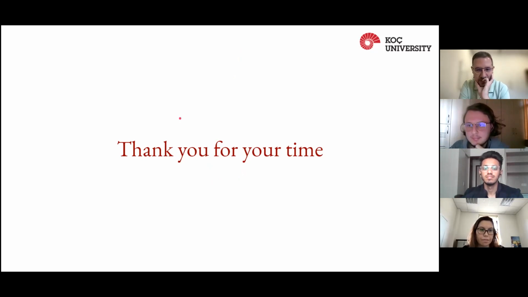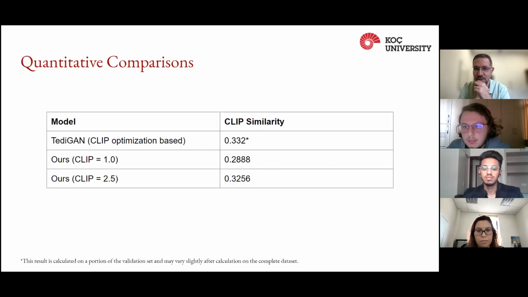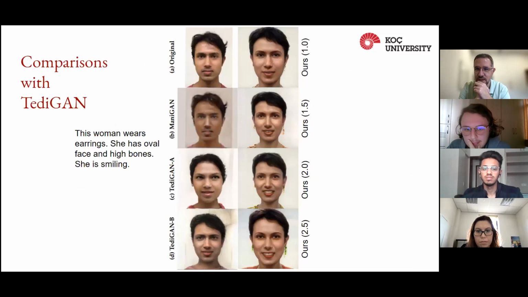So maybe I can jump in and say a few words, at least my own take on the comparison with the current state of the art. As you have seen, the only existing method, and that's actually quite recent, I think you didn't mention the date, it was just out this summer, while we had already started working on this project. And the GAN approach is... one thing we didn't do yet is time comparisons, right, Canberk? So maybe you can say also a few words in terms of the computational efficiency.